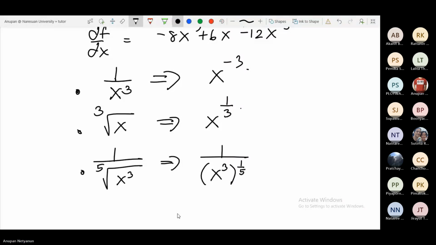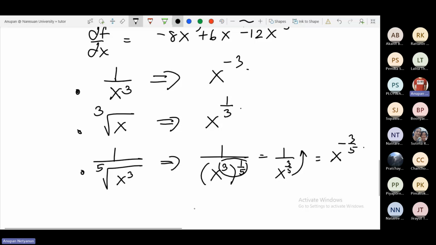Then you have a double power, so you multiply them together: x to the 3 times 1/5 is 3/5, right? The last step is to bring this up top. From a positive power, when you bring it up top, it becomes a negative power. So you might want to change this into x to the negative 3/5 before you take the derivative.